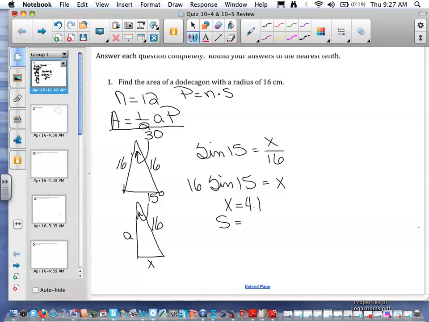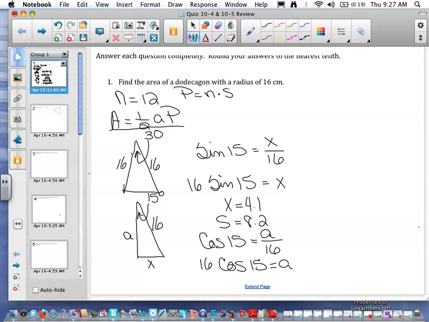So the length of a side is equal to 8.2 because x is only half of that side length. Then to find the apothem, you'll use cosine of 15 is equal to a over 16.